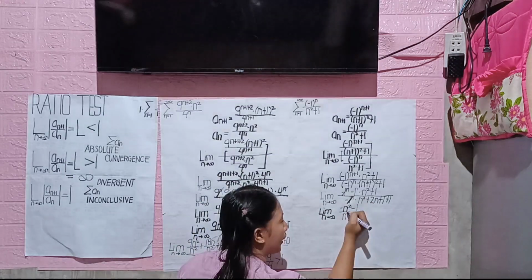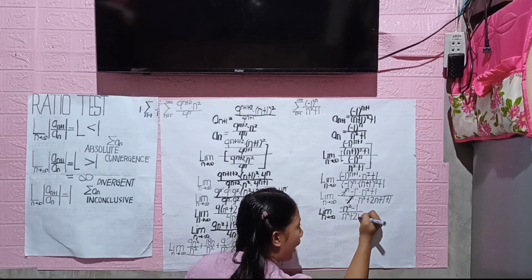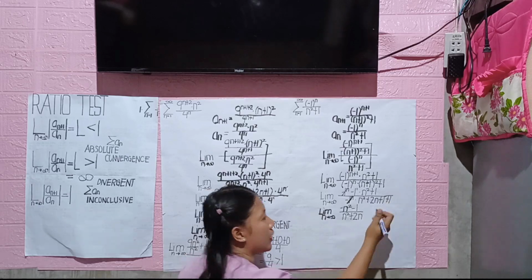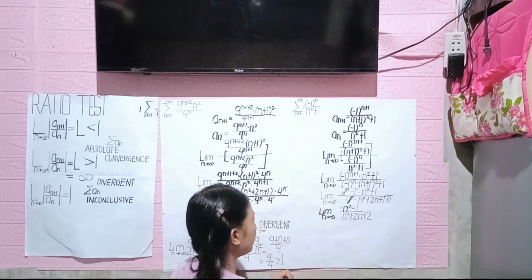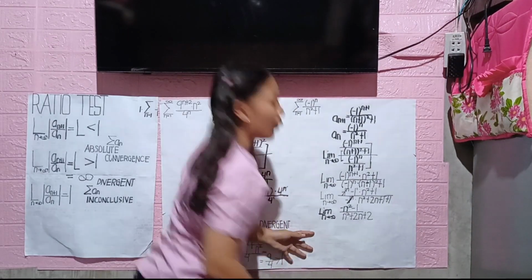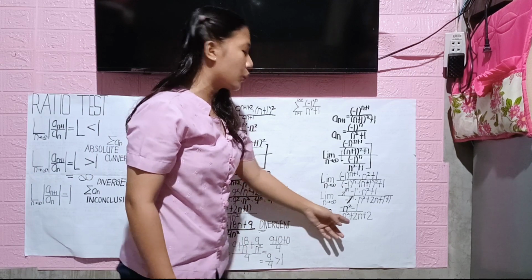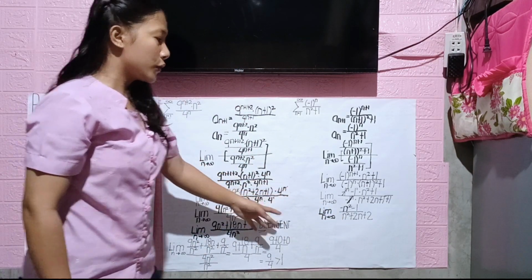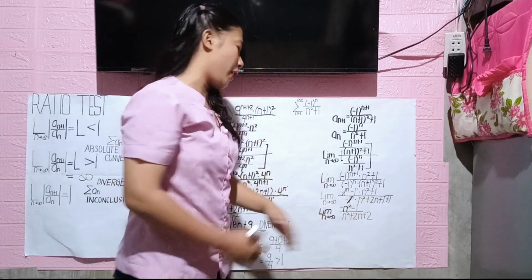So, n squared plus 2n. So, 1 plus 1 is equals to 2. So, now, we are going to find its limit. So, we will see here that n squared has the biggest exponent. So, we are going to divide this on n squared.